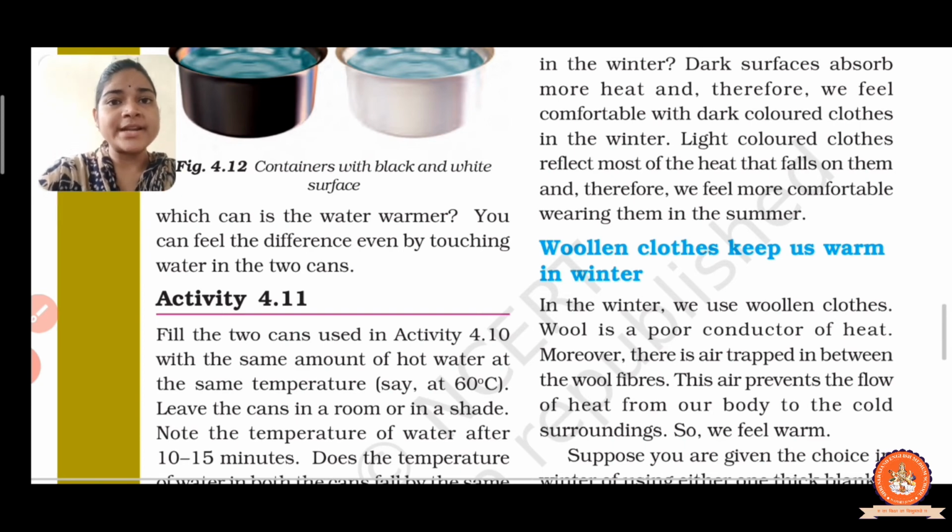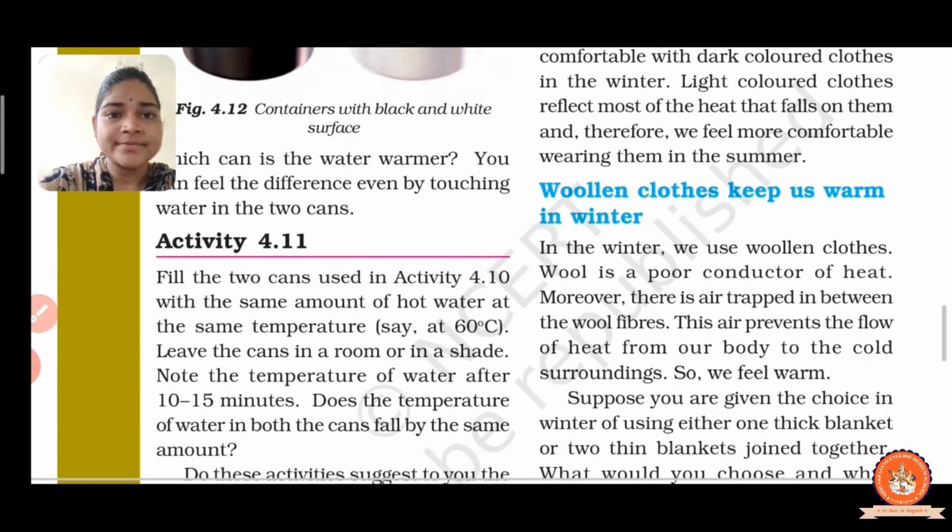Now one more activity is given to you here, activity 4.11. The same cans are taken with the same amount of hot water at the same temperature, that is 60 degrees Celsius. Pour the same amount of hot water in both cans and leave them in a room or in a shed.